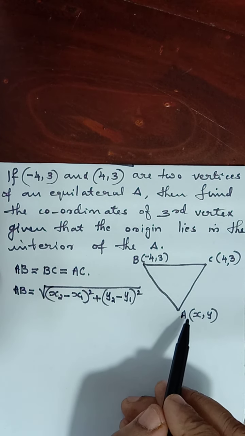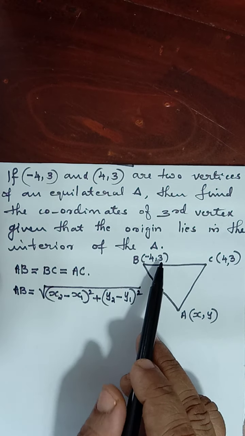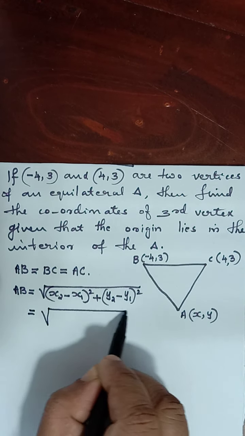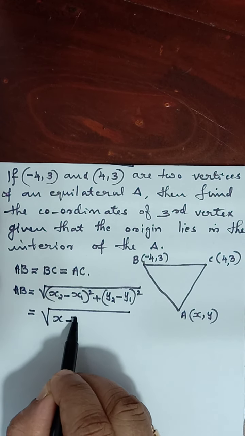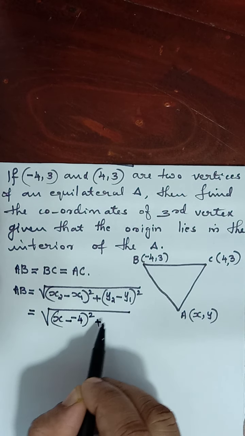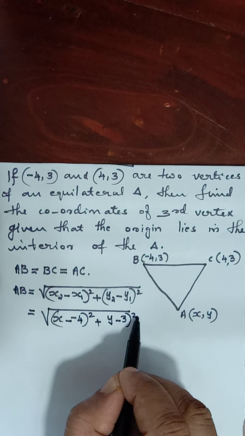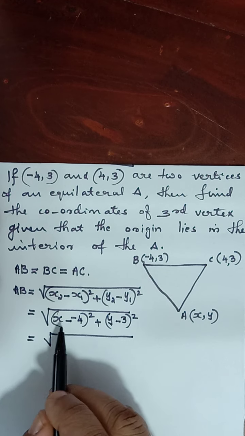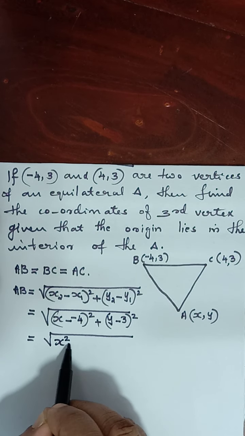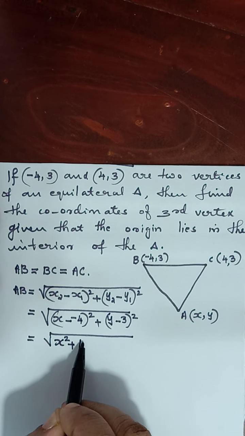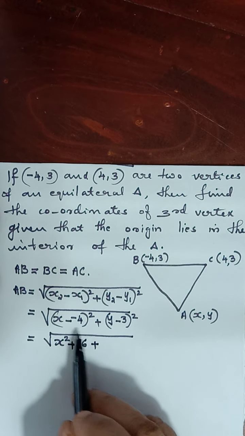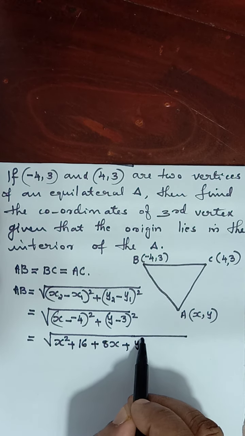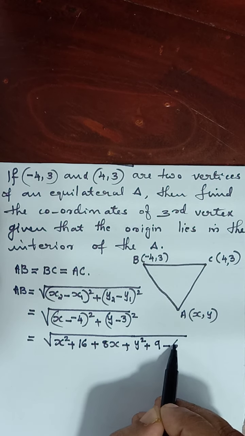For AB, x1 y1, x2 y2. As you like, you can substitute, no problem. So here we have (x minus (-4)) whole square plus (y minus 3) whole square. That's equal to square root of (x plus 4) whole square, expanded: x square plus 16 plus 8x, plus (y minus 3) whole square becomes y square plus 9 minus 6y.